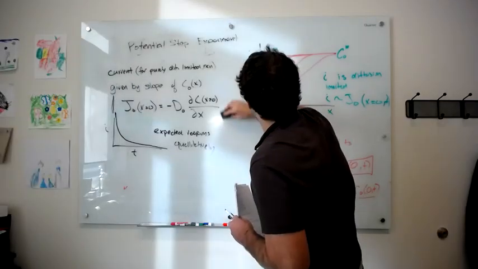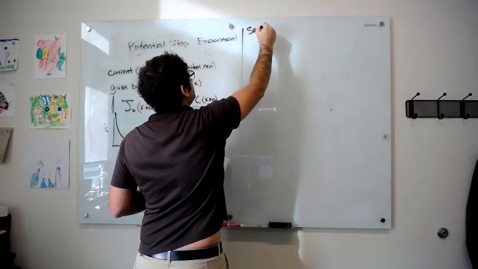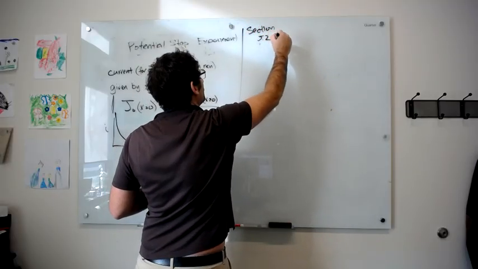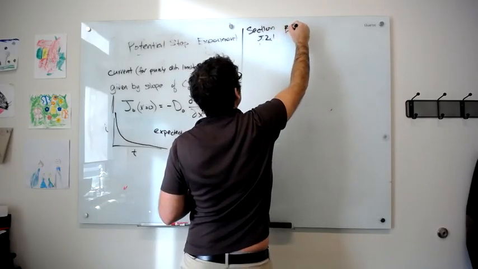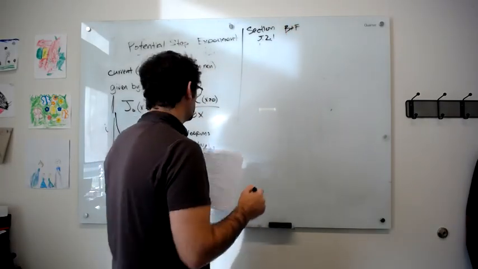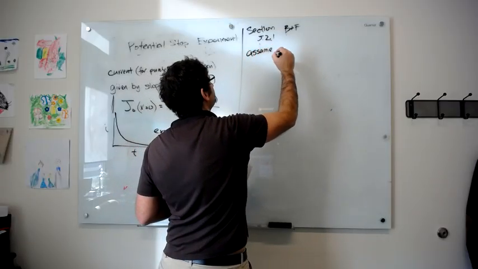Okay? So this is the expected response, qualitatively, that we can understand very simply with our microscopic picture of the system. So let's keep going through this. So this is section 5.2.1 in Bard and Faulkner. In section 5.2.1, we're going to assume two things to get a more rigorous answer.